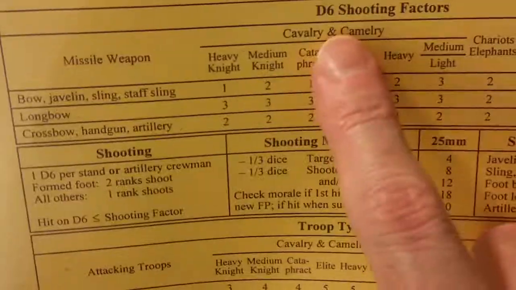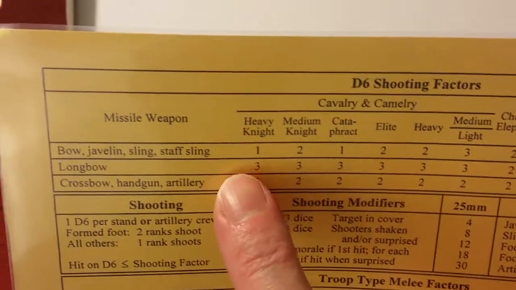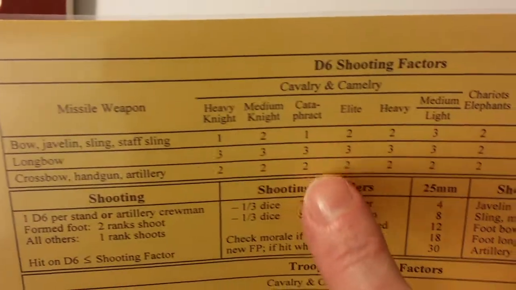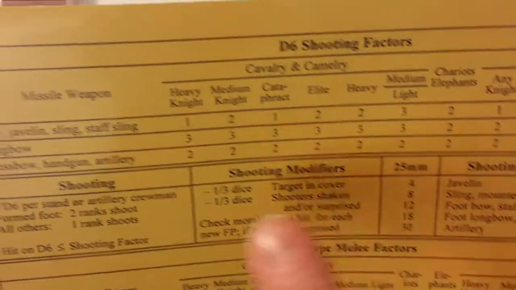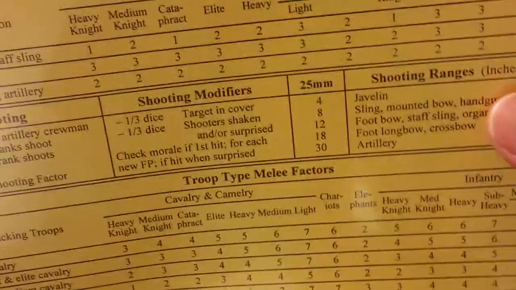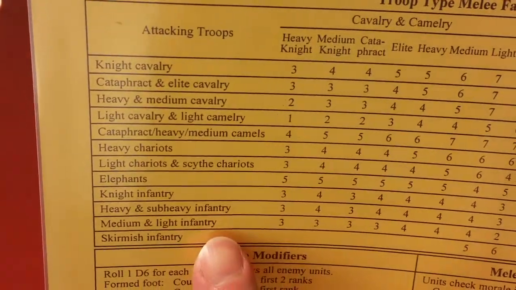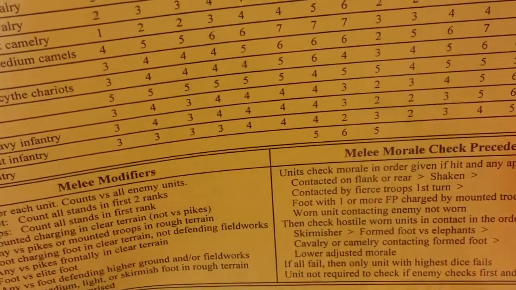Back we have D6 shooting factors. Okay, missile weapon. It's probably the target up here. Okay, shooting modifier, shooting ranges in inches. Troop type melee factors, attacking troops. Okay. So these factors are ranging from 1 to 8.